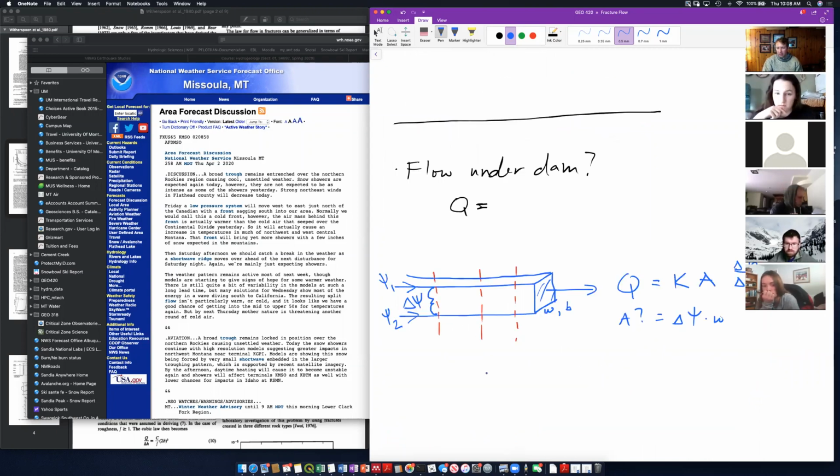So now let's write Darcy's law. Q is K times A, delta psi times W, times delta H over delta L. Now let's think about it. This here is delta L. If this is a square, the definition of a square, because we made this flow net, is that delta psi is equal to delta L. Do you agree with that?